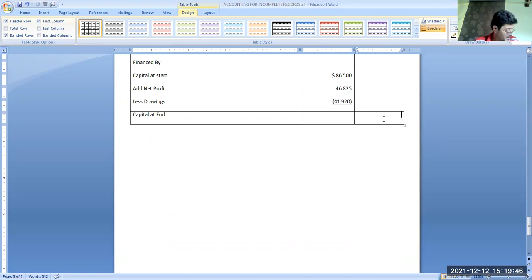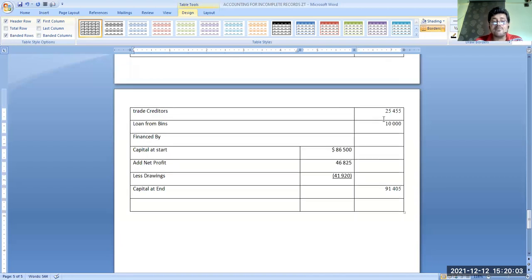After these changes, 86,500 plus 46,825 minus 41,920. The answer is 91,405. Okay, capital at end.